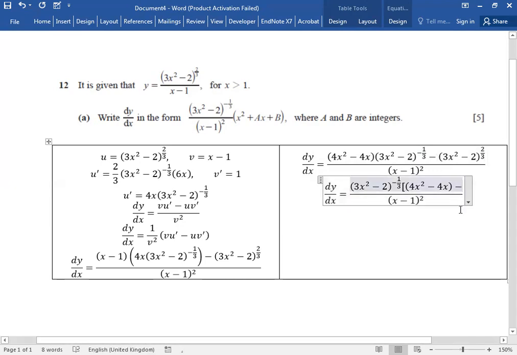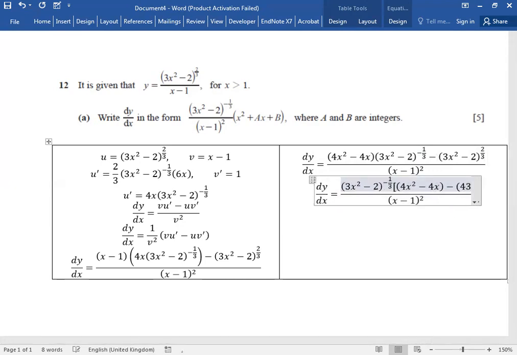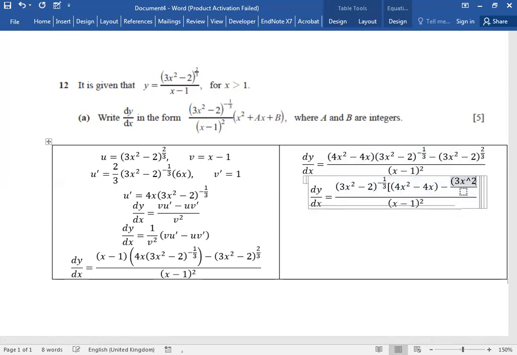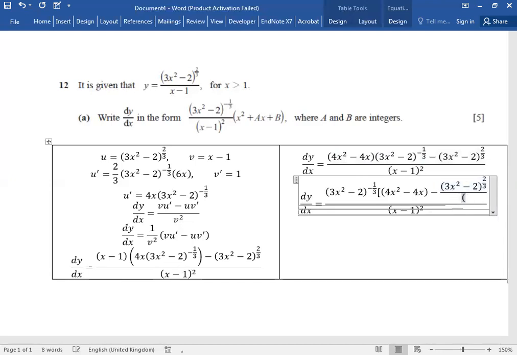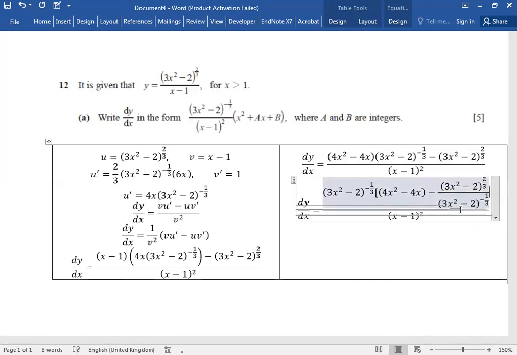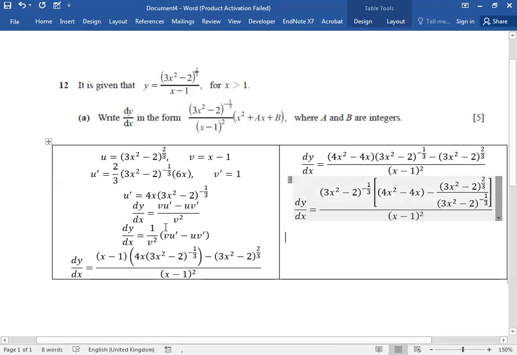I'll write that step, don't worry. 3x square minus 2 to the power 2 over 3, over 3x square minus 2 to the power negative 1 over 3. Is this right? That is how you take common. Agreed?